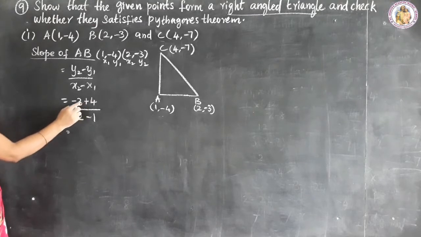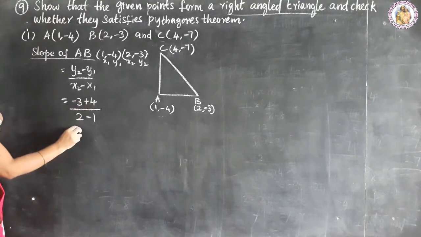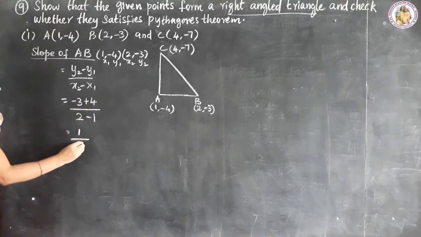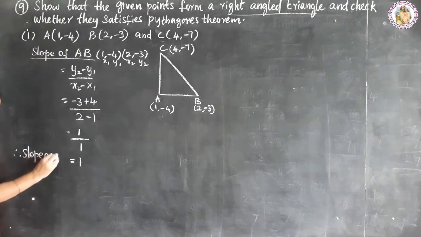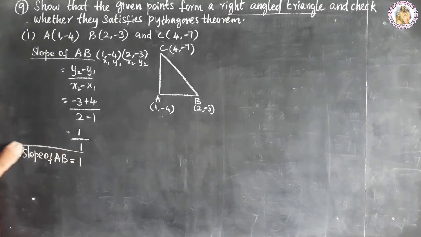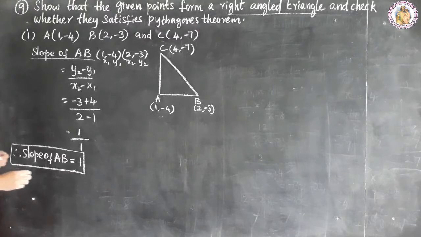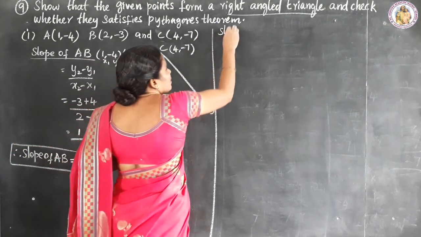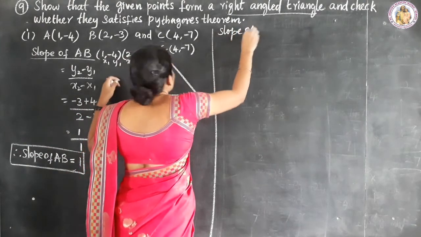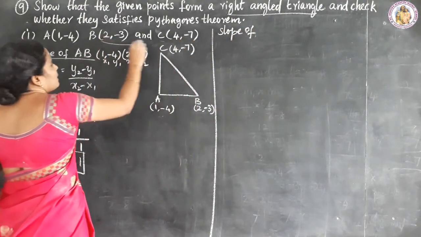So different sign. So therefore slope of AB is equal to 1. And now let us find slope of BC.